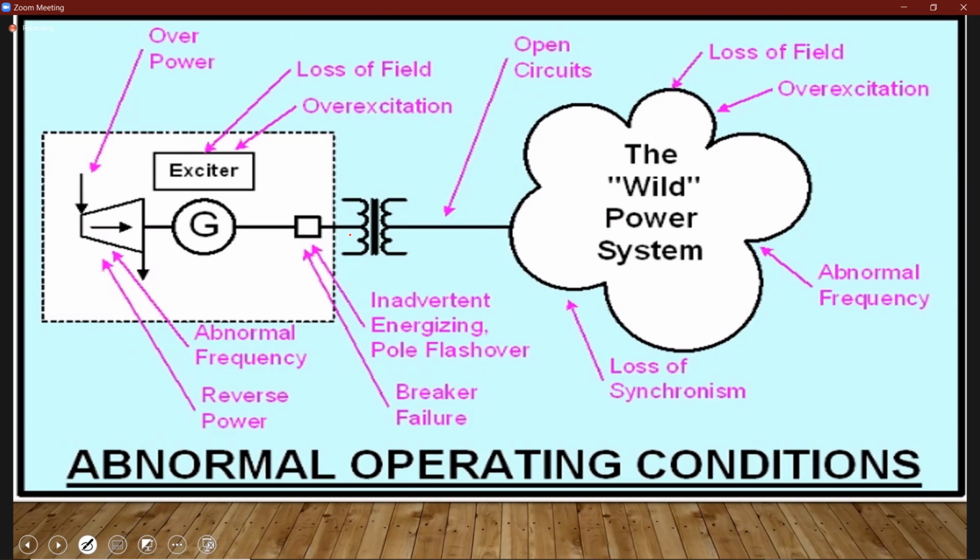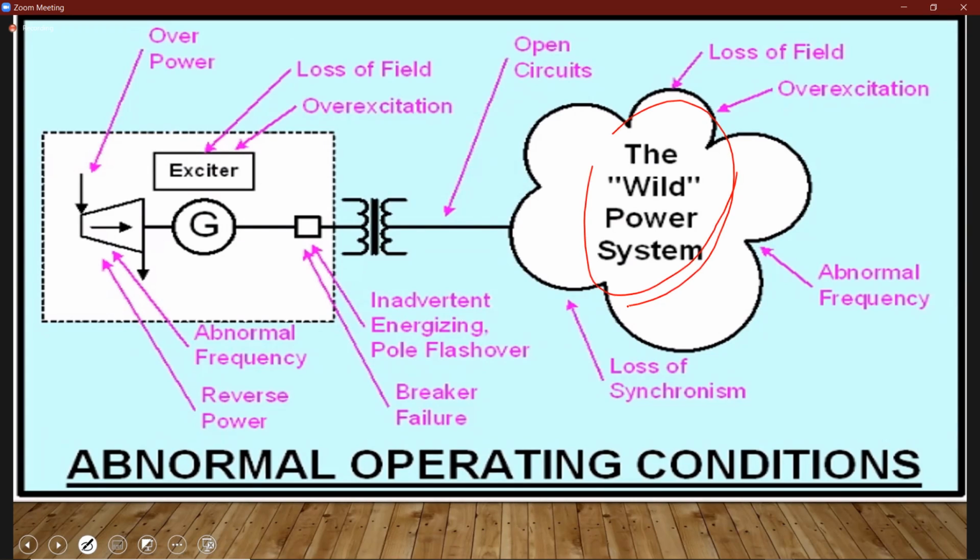And when we talk about protection, and in this case, we're dealing with power system protection, the graphic here talks about the wild power system. Because out here, in this power system, there are just so many things that can happen.